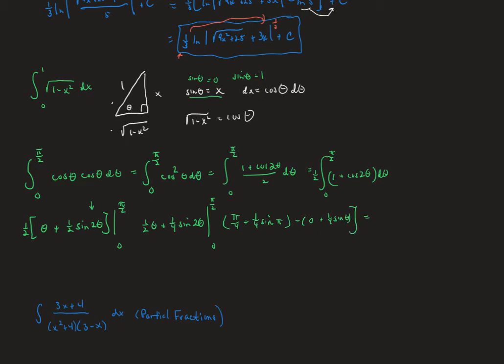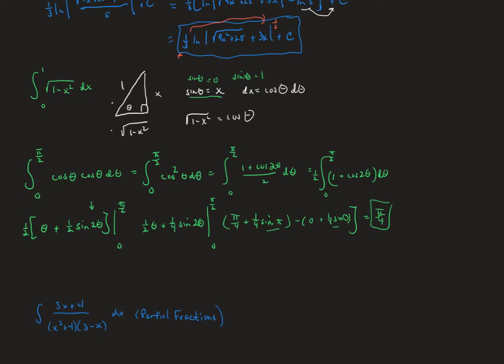Well, this is pretty nice because we get pi over 4, and the sine of pi is 0, and the sine of 0 is also 0, so our answer is going to be just pi over 4.